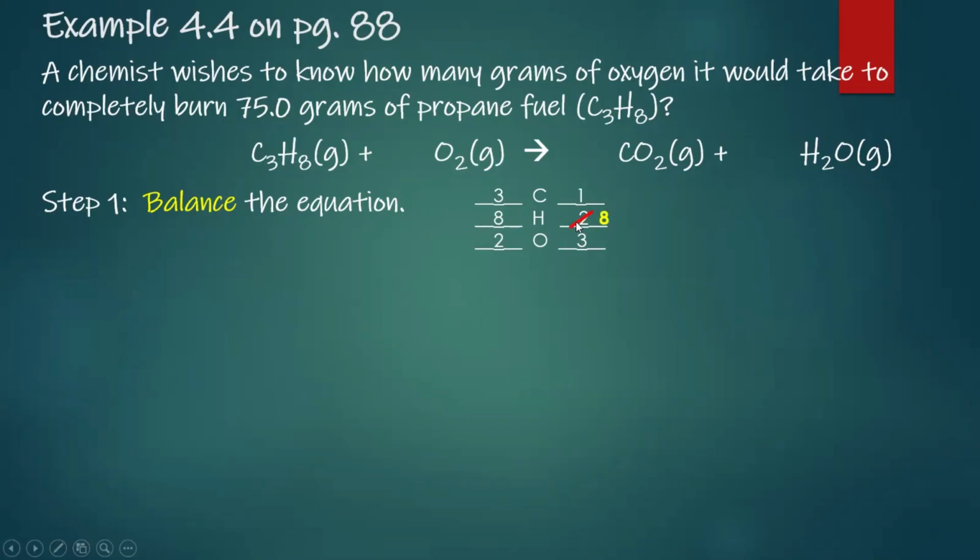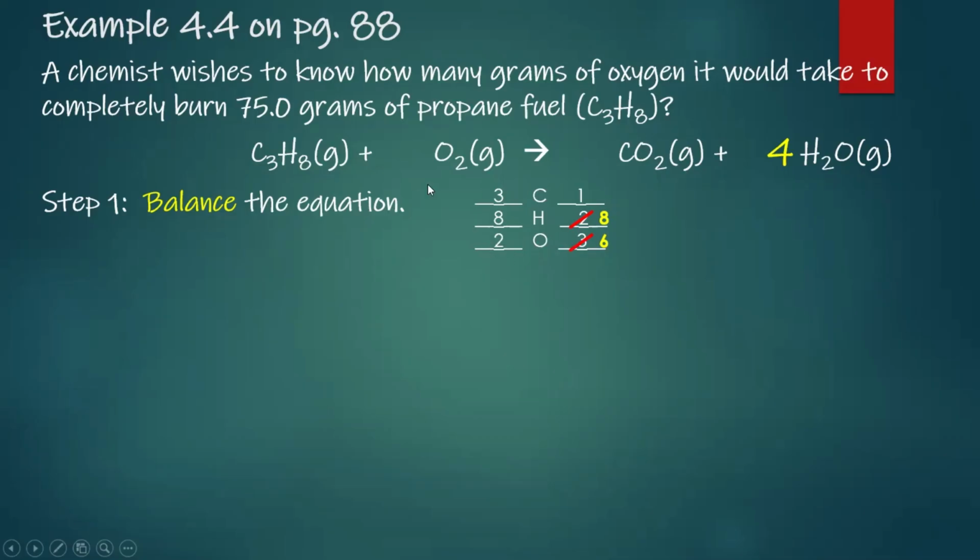So let's start with the hydrogens because we see over here that there's eight on the left. To balance that, let's try 4 water vapors. Now, if we have that, we're going to have 4 oxygens. So 4 oxygens plus 2 oxygens makes 6 oxygens.